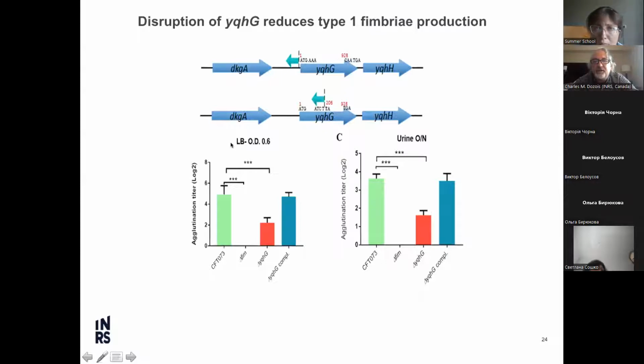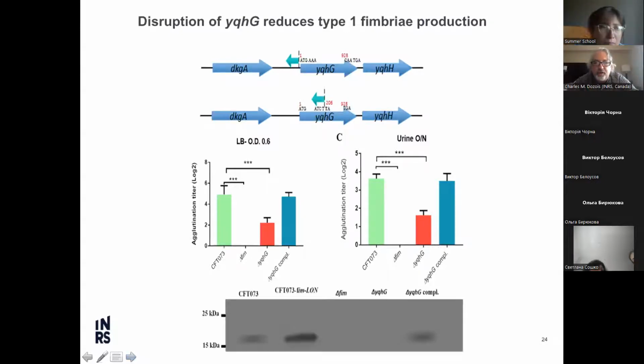So we looked here in rich medium, Luria or Lennox broth, but at the same time, we tested in filtered urine, human female urine sourced, after overnight growth. And again, there was a decrease in the level of production of type 1 Fimbriae in vitro as well. And so Western blotting as well showed us the level of Fim here in the wild type strain.